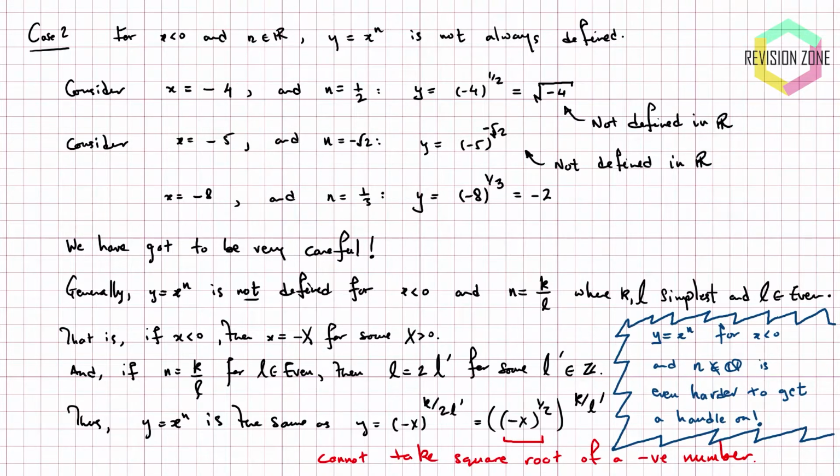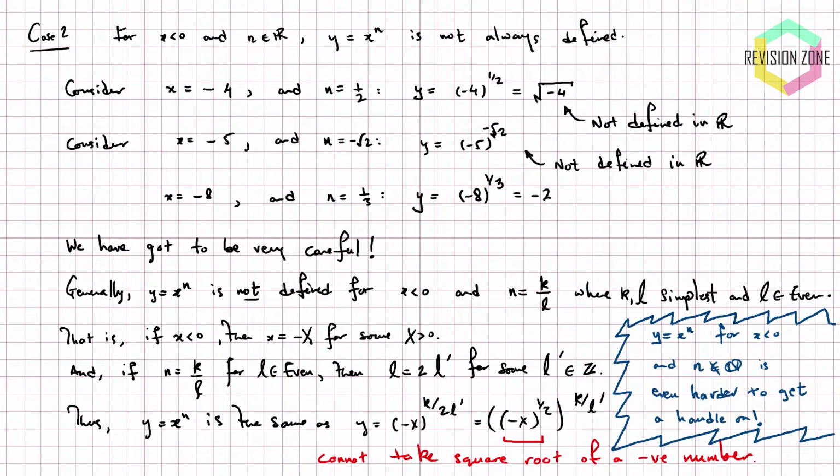Of course you shouldn't be surprised if I take, say, -4, which obviously is negative, so x is less than 0, and since we want n to be any real number, I can pick n to be a half, and straight away we see that x to the n just becomes -4 to the half, and this thing here is not defined in the real system because we can't take the square root of negative numbers in the real number system, right? So straight away we found an example where this is not defined.